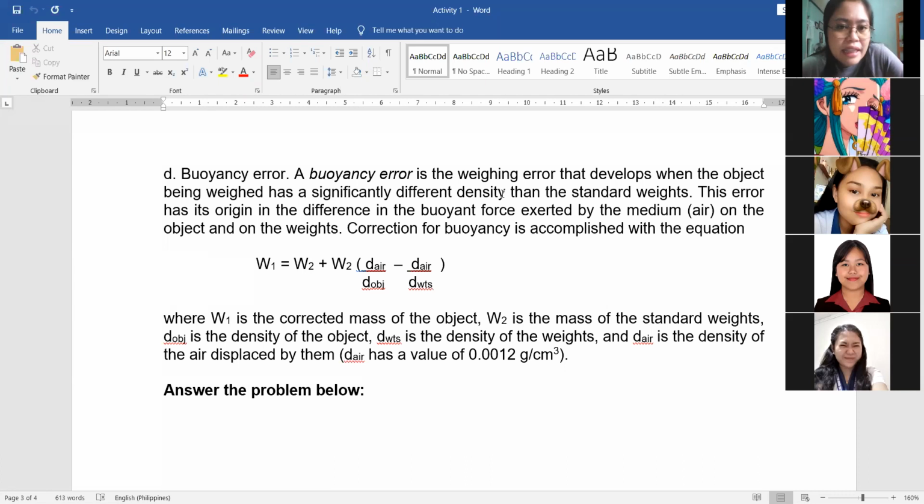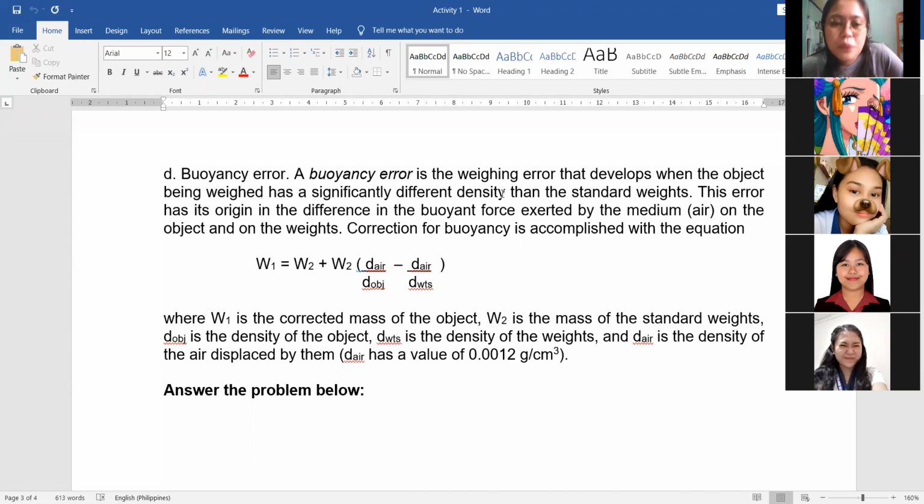So how do we correct this? We have the formula W1 equals W2 plus W2 times density of air divided by density of object minus density of air divided by the density of the weights. Buoyancy error is caused by air. The air affects the weight of your object, so we need to correct it.